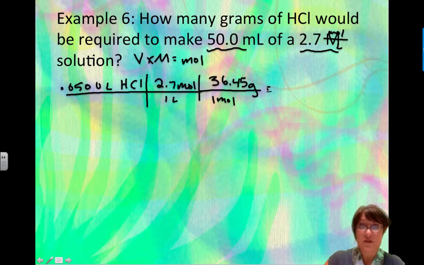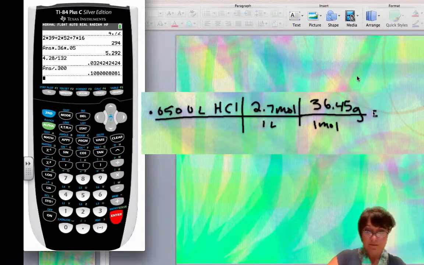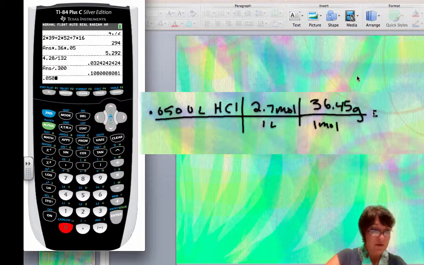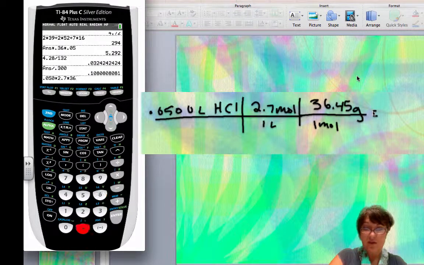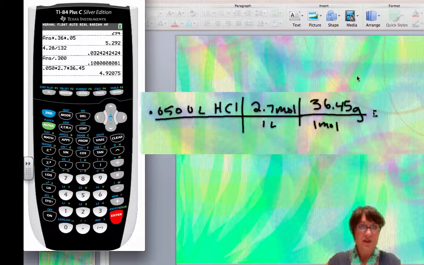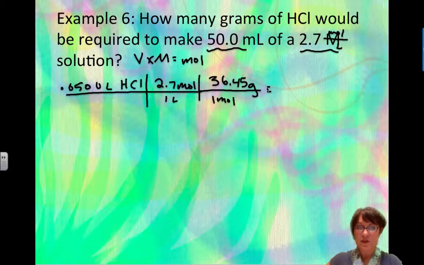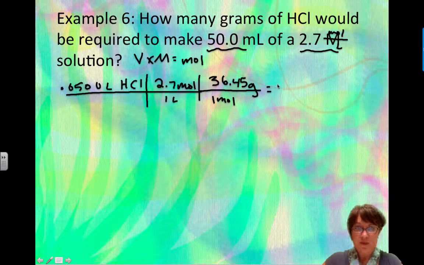The top times the top, dividing by the bottom is going to be a piece of cake. 0.050 times 2.7 times the molar mass, 36.45. There it is, 4.92075. And we're going to keep 2 sig figs only. So that's 4.9 grams of hydrochloric acid.